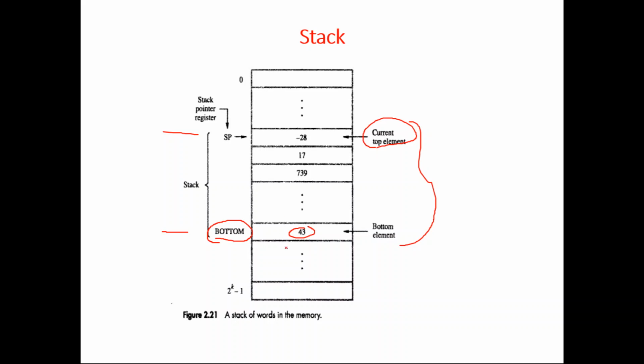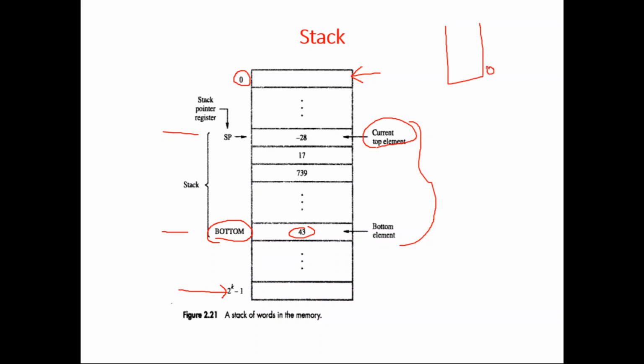But here you can see the starting address of memory is 0, but that is at the upper end, and the highest address is 2 to the power k minus 1, that is at the lower end. But normally when we think about stack, we think this way, we think this is 0.